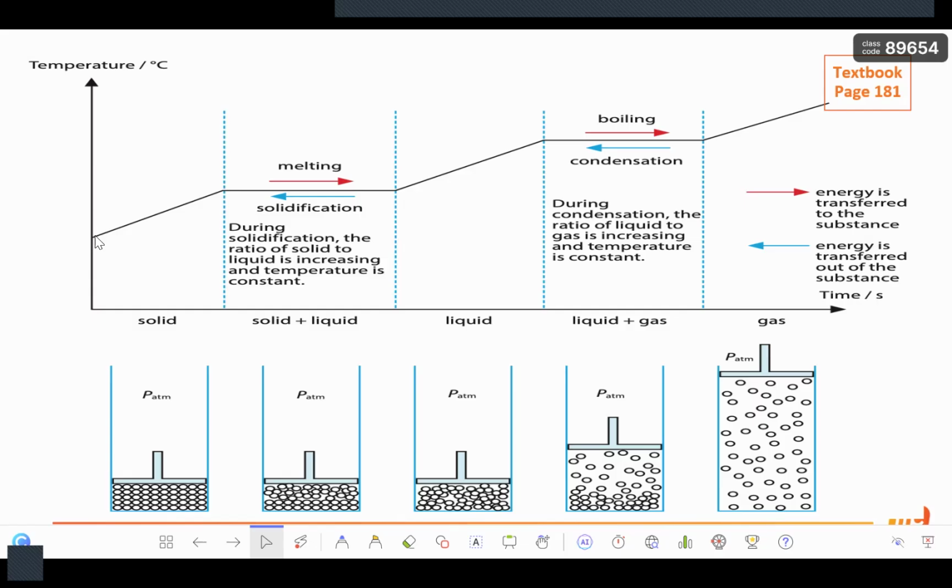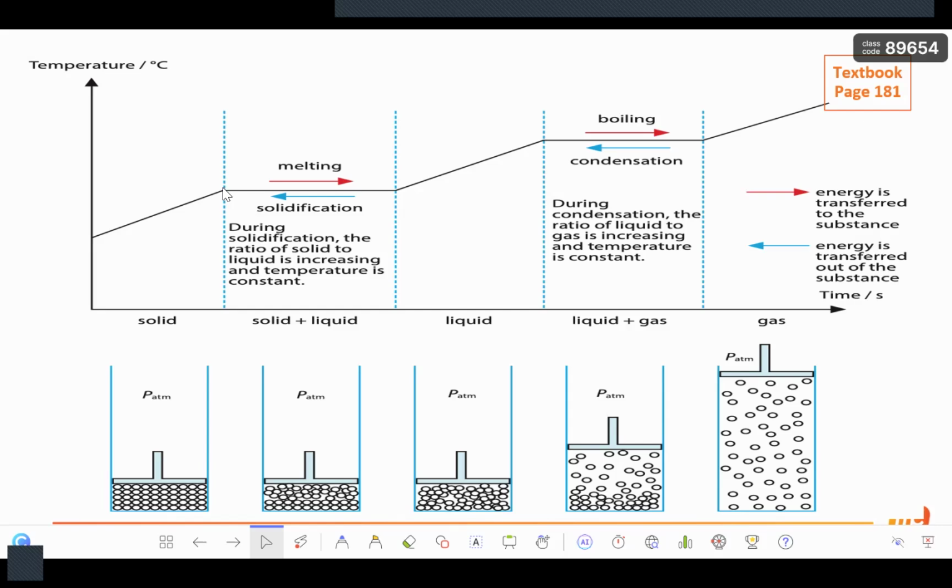So during this section, the solid will increase in temperature because the particles are gaining kinetic energy and moving faster and faster. It will reach a point over here, which is the first blue dotted line, such that the particles can no longer hold so much kinetic energy as a solid. The solid has reached the maximum kinetic energy.